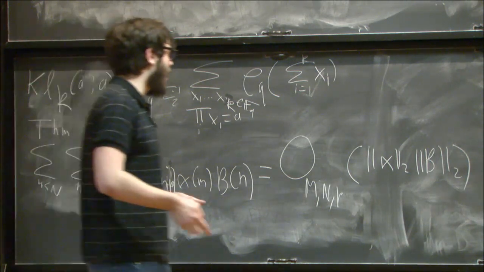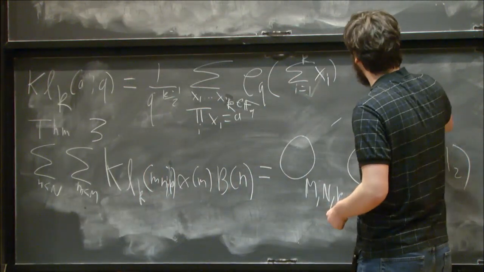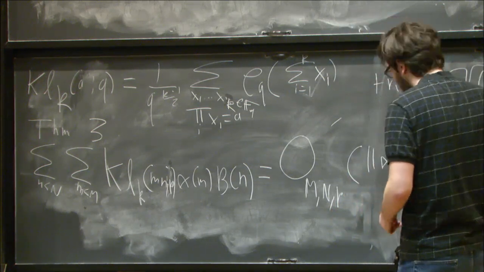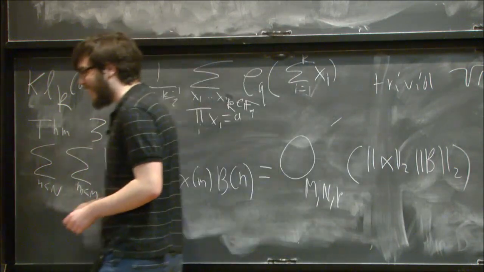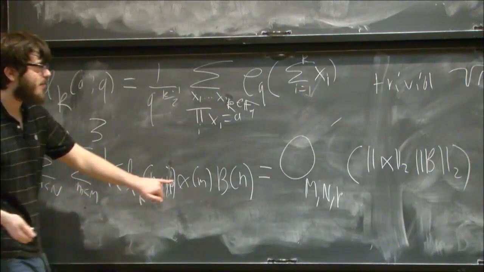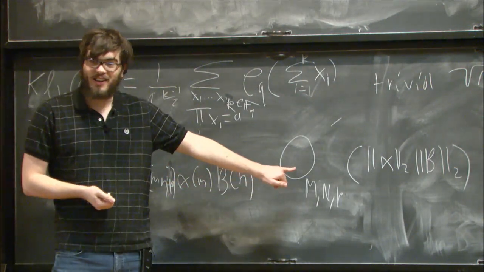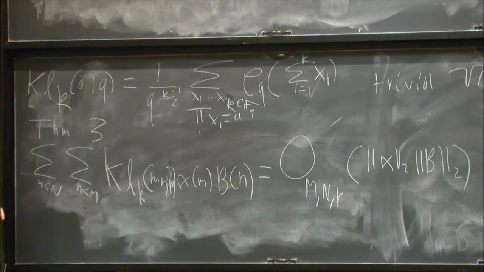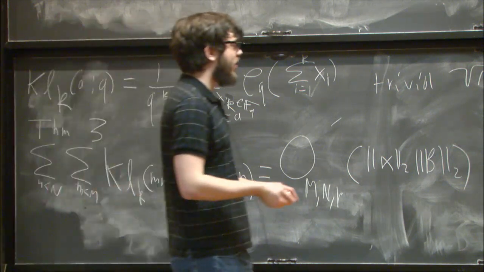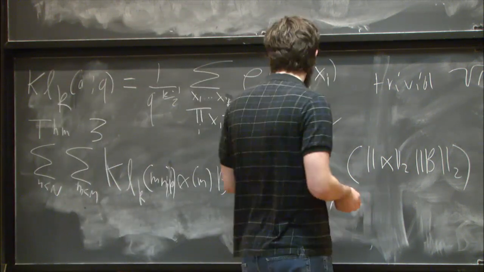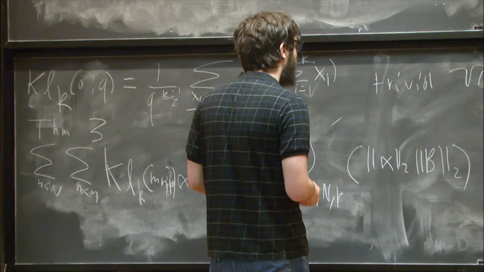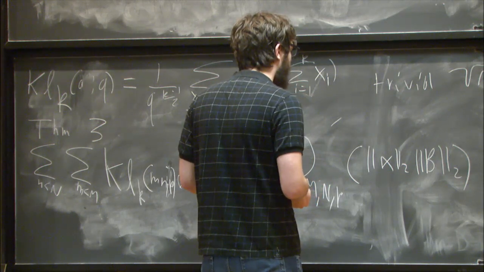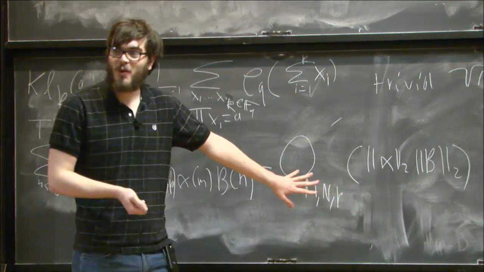So the trivial bound, we can take big O in the trivial bound to be root mn. I don't want to write down exactly what the constant in the big O is here, because it's kind of annoying. It's explicit. I don't want to write it down.